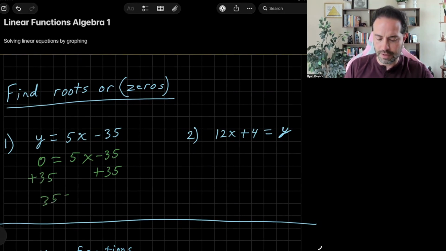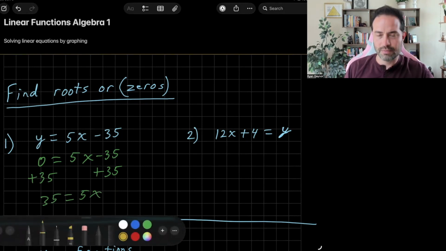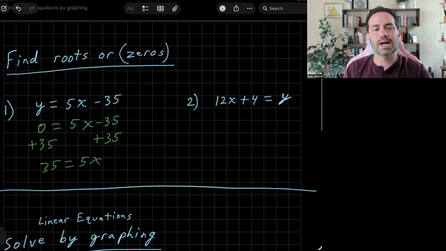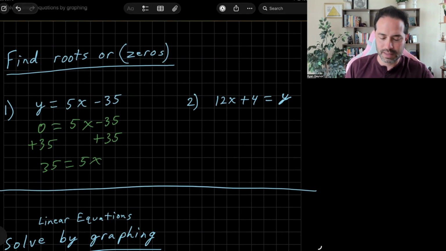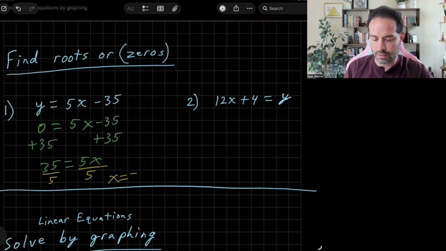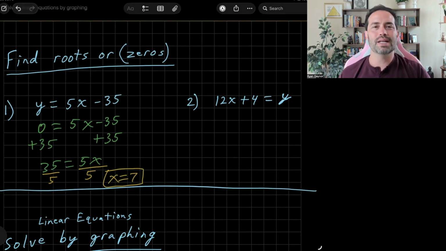So we get 35 equals 5x. And then we do the opposite again, right? 5x means 5 times x. So we divide by 5, divide by 5. 35 divided by 5 is 7. X equals 7. Okay, so that is the root of this linear function, or this linear equation.